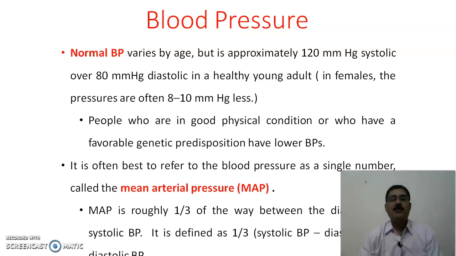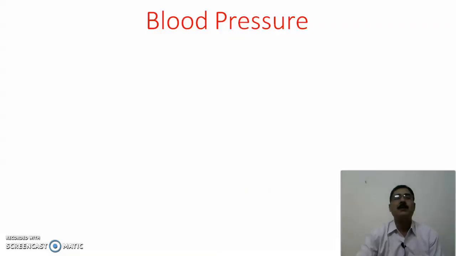It is often best to refer to the blood pressure as a single number called the mean arterial pressure, or MAP. The MAP is roughly 1/3 of the way between the diastolic and the systolic blood pressure. It is defined as 1/3 (systolic BP minus diastolic BP) plus diastolic BP.